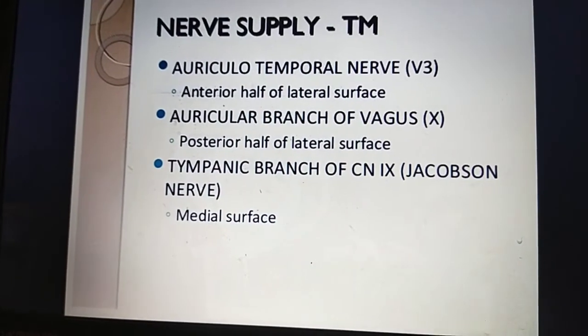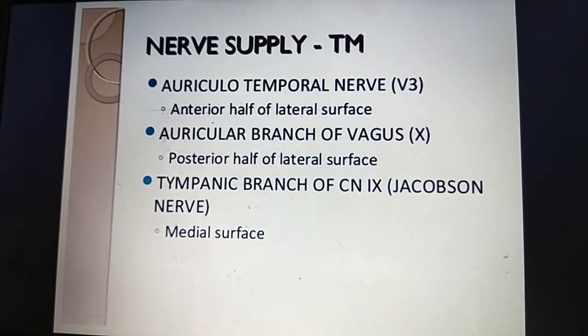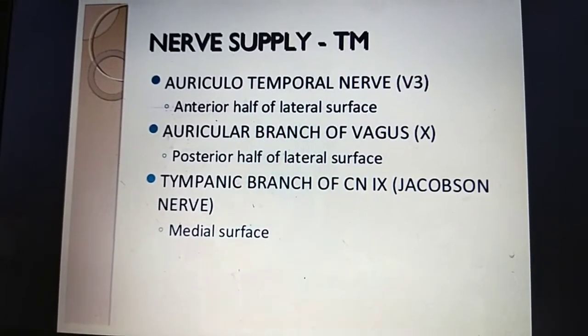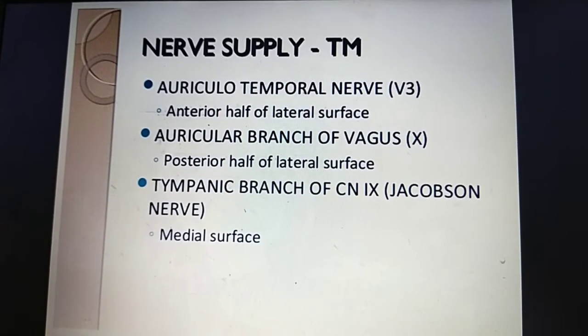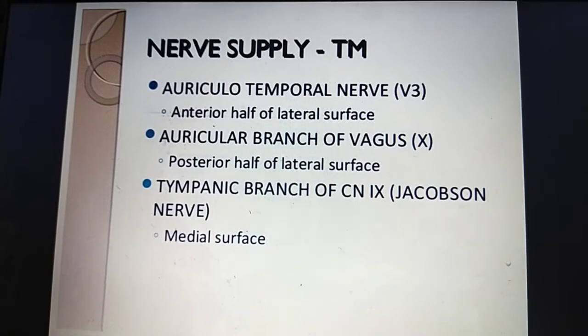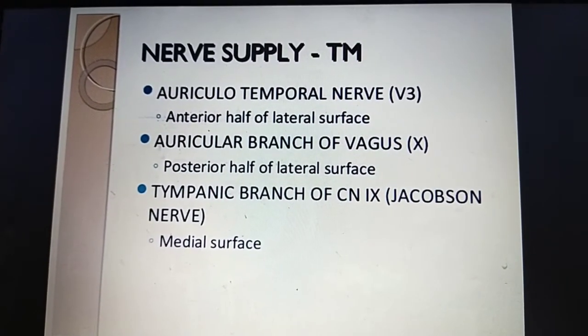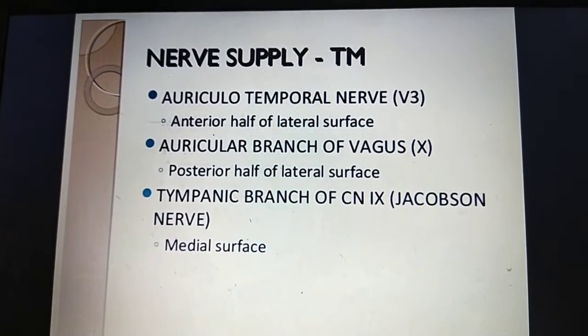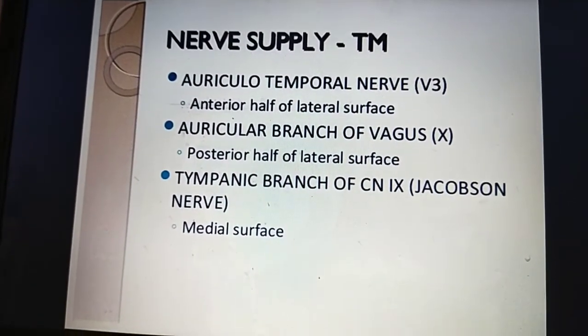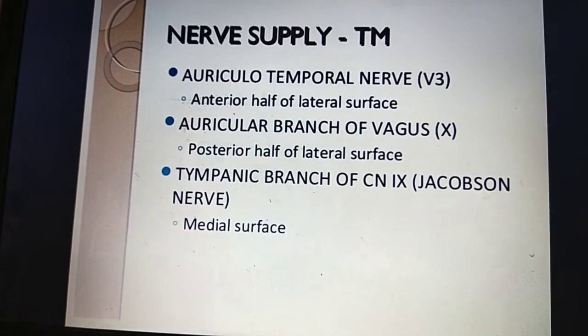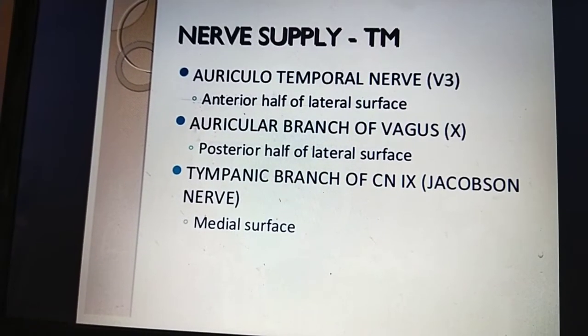Nerve supply of the tympanic membrane: the auriculotemporal nerve supplies the anterior half of the lateral surface, the auricular branch of the vagus nerve supplies the posterior half of the lateral surface, and the tympanic branch of the Jacobson nerve supplies the medial surface.